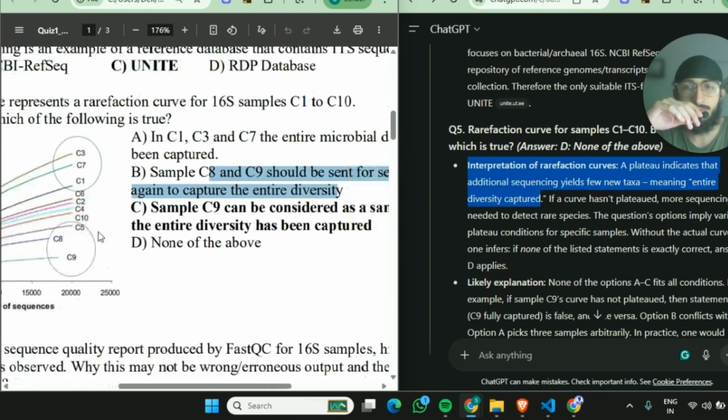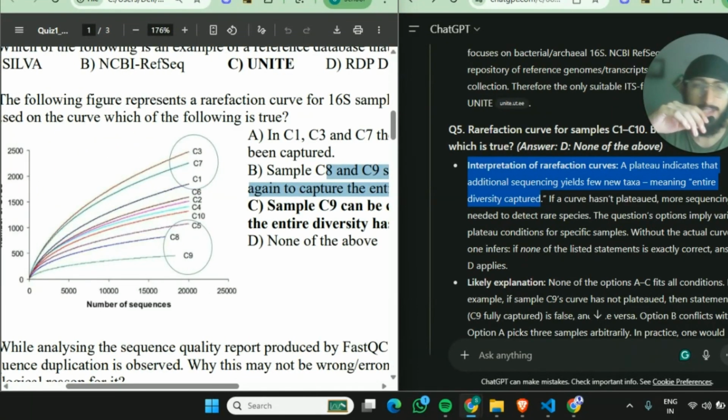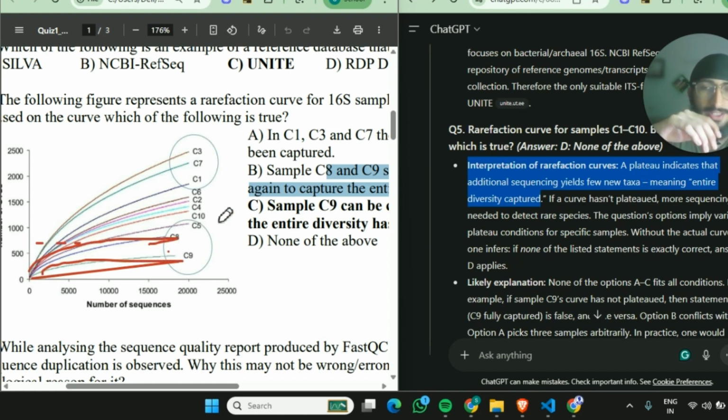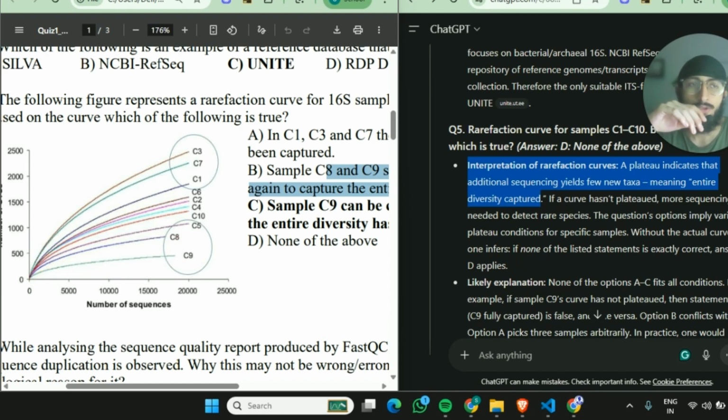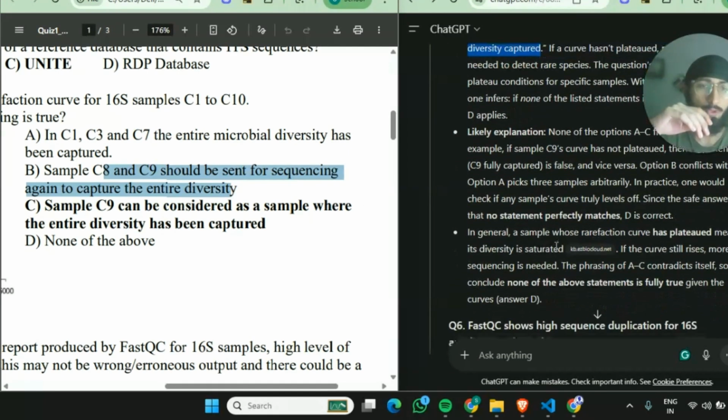That is completely wrong because samples C8 and C9, as you can see, have plateaued. They have reached almost a constant value. This means their entire diversity has already been captured, so they should not be sent for sequencing again.